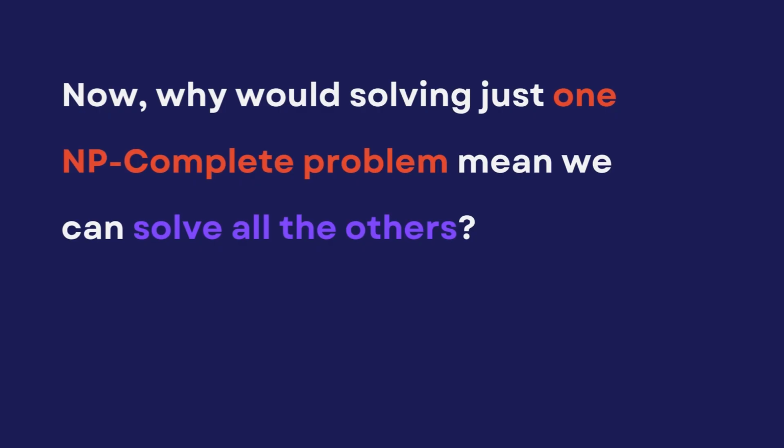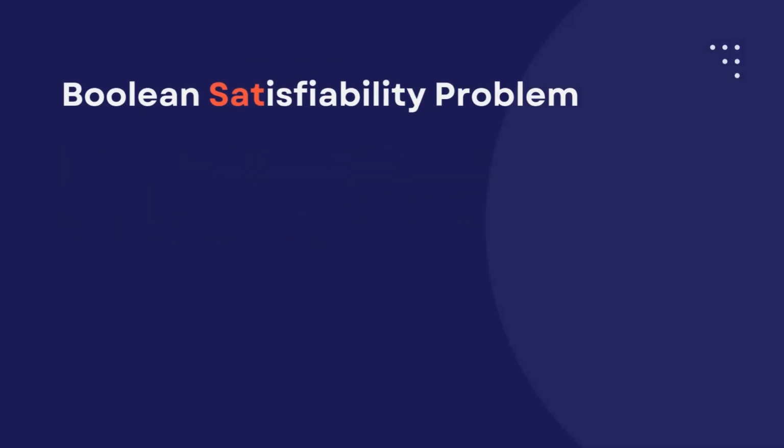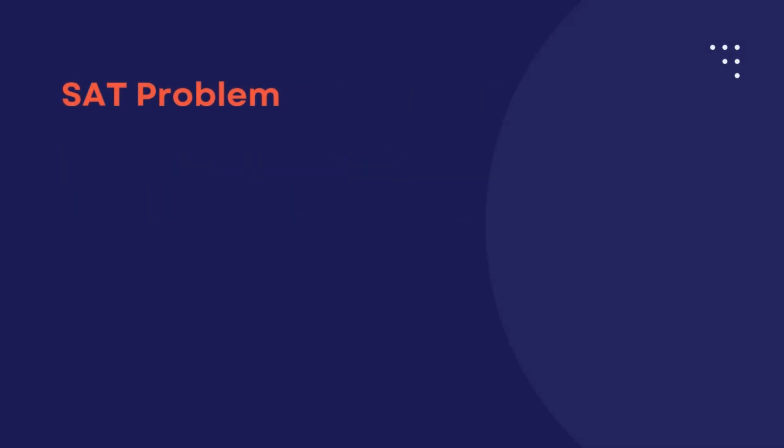Now, why would solving just one NP-complete problem mean we can solve all the others? To understand that, we need to look at the very first NP-complete problem, the Boolean satisfiability problem, or SAT for short. This problem was introduced in Stephen Cook's 1971 paper mentioned earlier, the same one that launched the entire discussion around P versus NP. So what exactly is the Boolean satisfiability problem, or SAT?